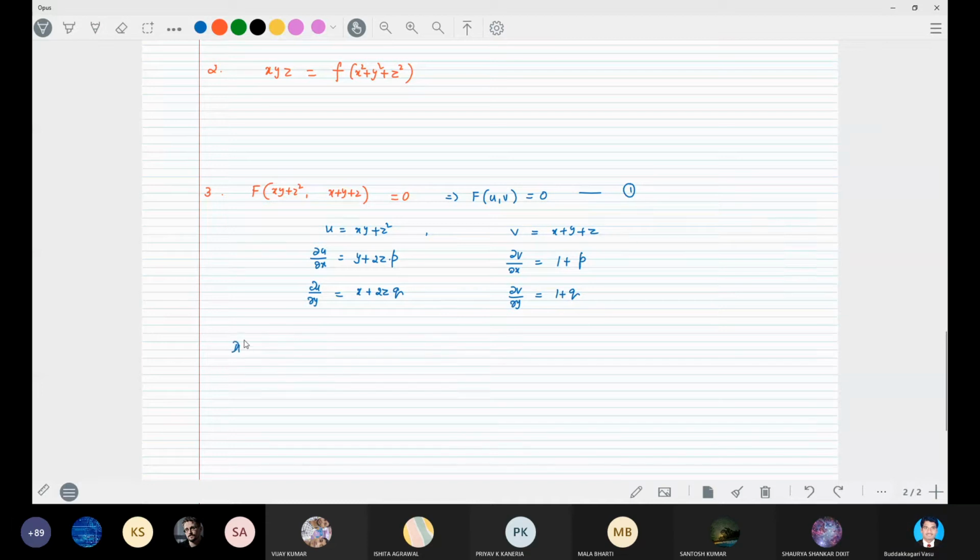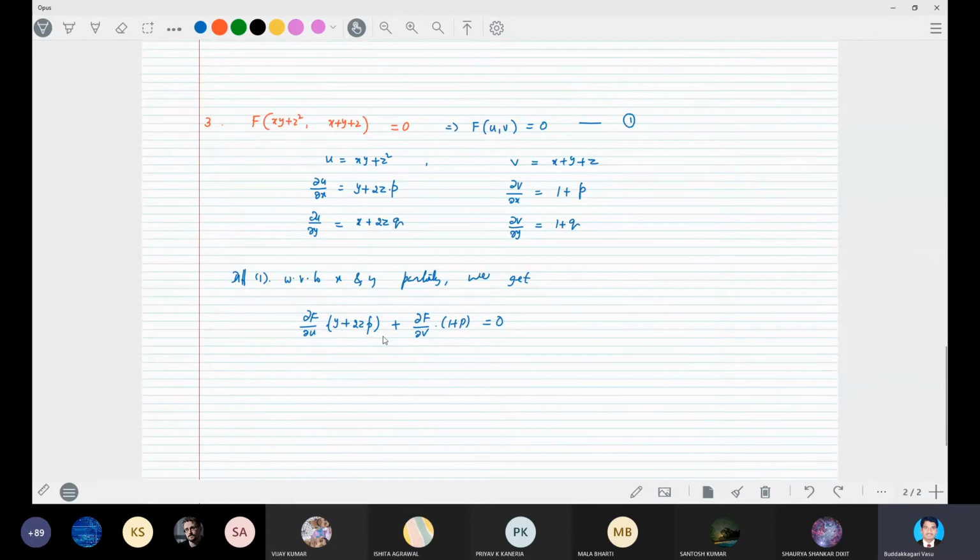So now, differentiating one with respect to x and y partially, we get dou f by dou u into dou u by dou x, I am writing directly, y plus 2z into p, plus dou f by dou v into dou v by dou x, 1 plus p, is equal to 0. So this is the differentiation with respect to x, right?